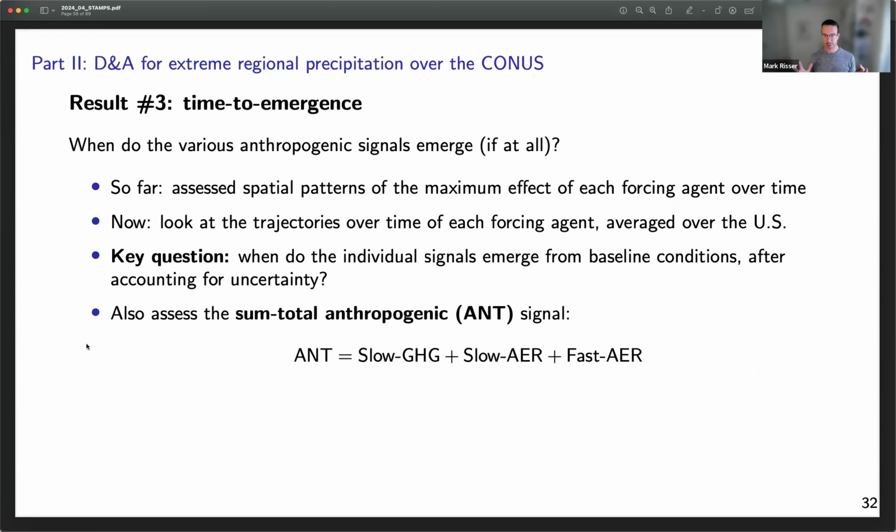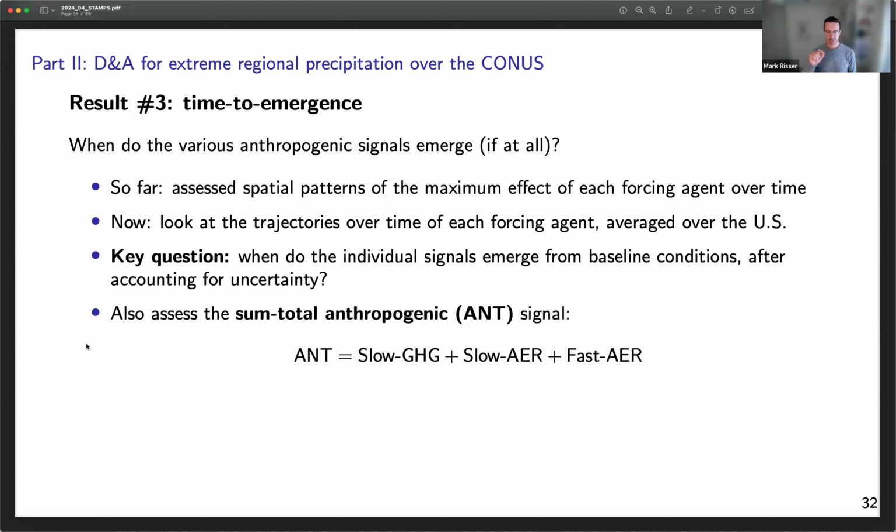For now, we're going to average over the US to simplify the presentation, but on the next slide I'll show you how things look more locally. And the key question here really is, when do these individual signals, the slow aerosols, slow greenhouse gas, fast aerosol, emerge from baseline conditions?